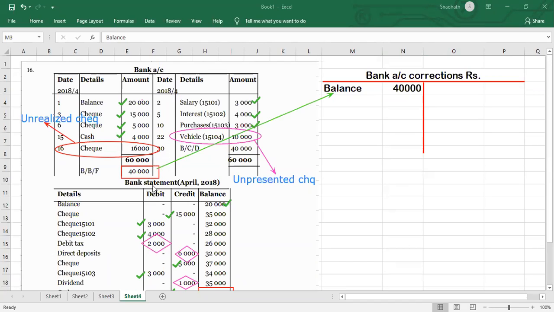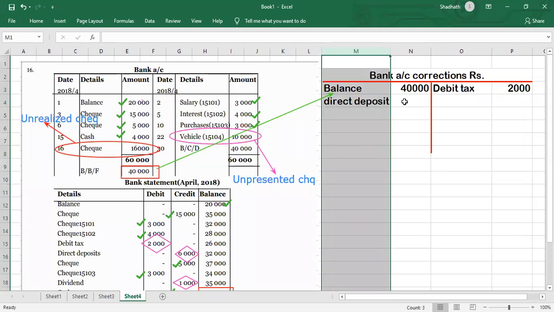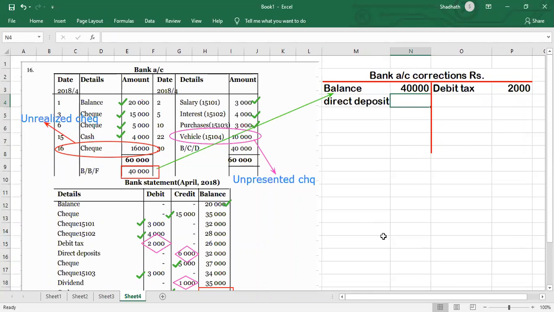So it comes to the bank account correction on the credit side, debit tax 2,000. There is a direct deposit 6,000. It comes to the debit side.